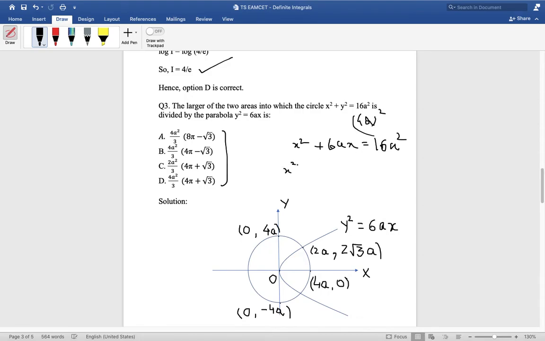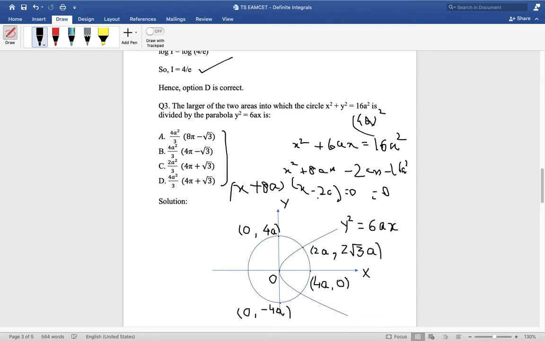X square plus 6ax. You can write 6ax as 8ax minus 2ax, minus 16a square is equal to 0. When you factorize it, what will you get? X plus 8a into x minus 2a is equal to 0.